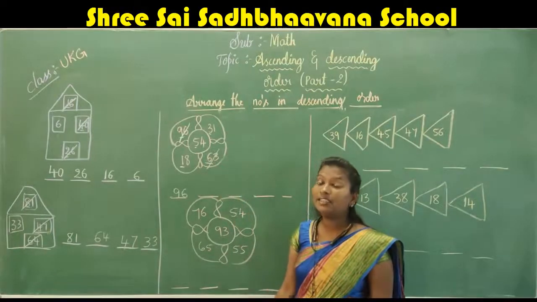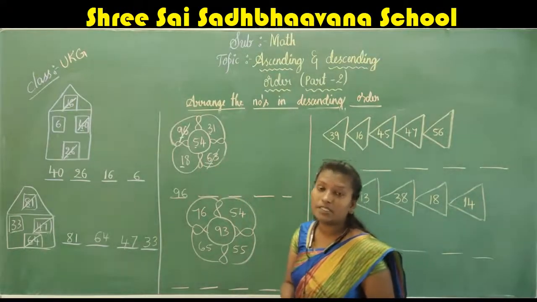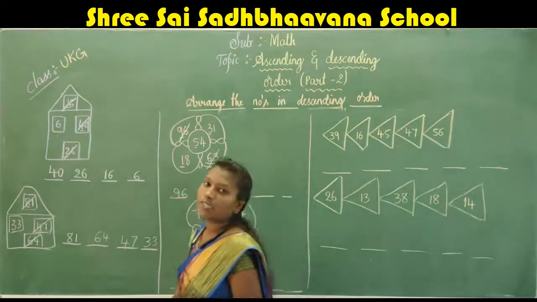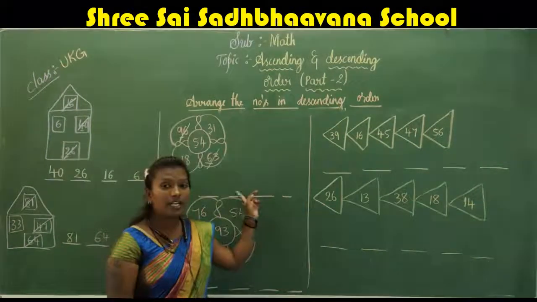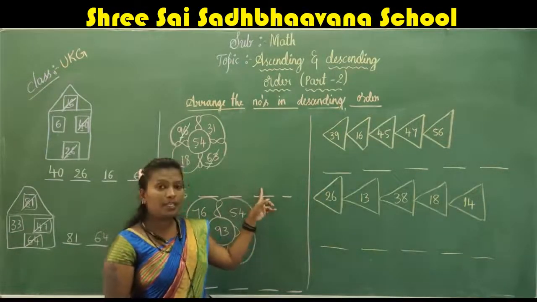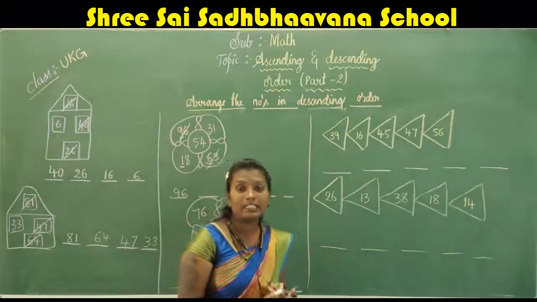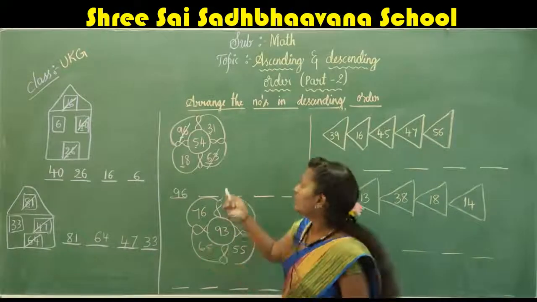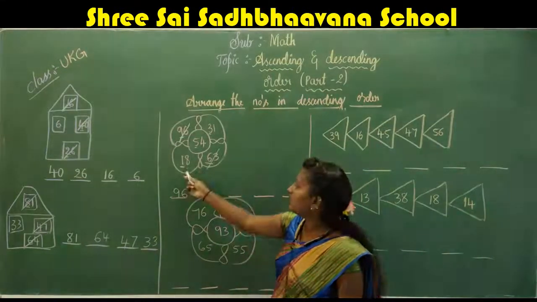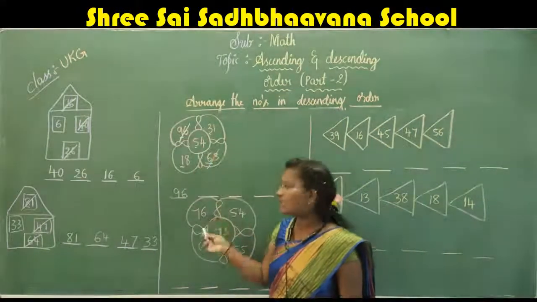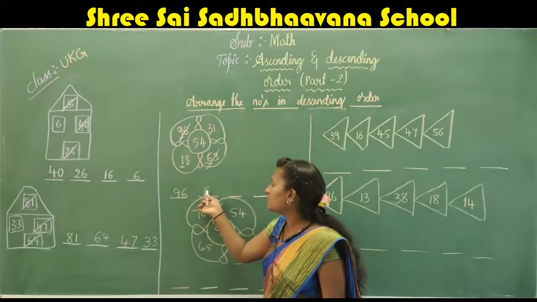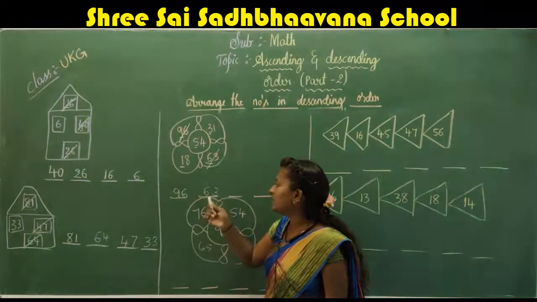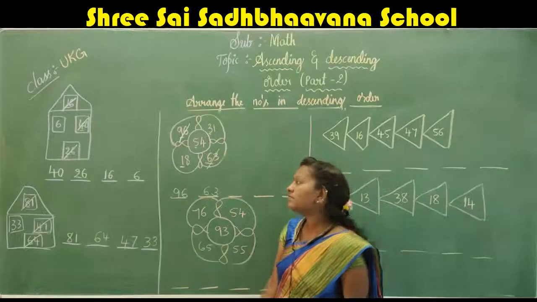Then where do we write it? In the third place? No. In the fourth place? No. Then where? Yes, in the second place, because it is bigger than 18, 54 and 31. That's why we write 63 in the second place.